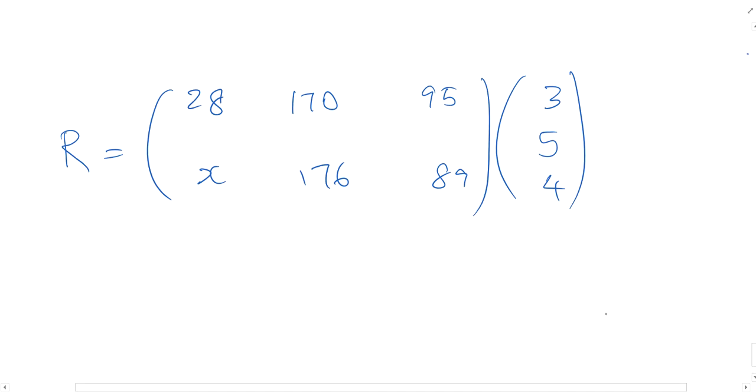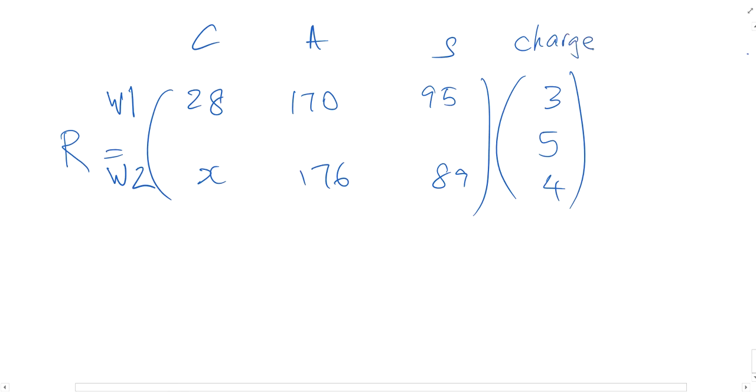Then we put in all our headers. What do they represent? This one is CAS. What is CAS? Children, adult, senior citizen. Then the rows represent week 1, week 2. This 3, 5, 4, what do they represent? Charge.